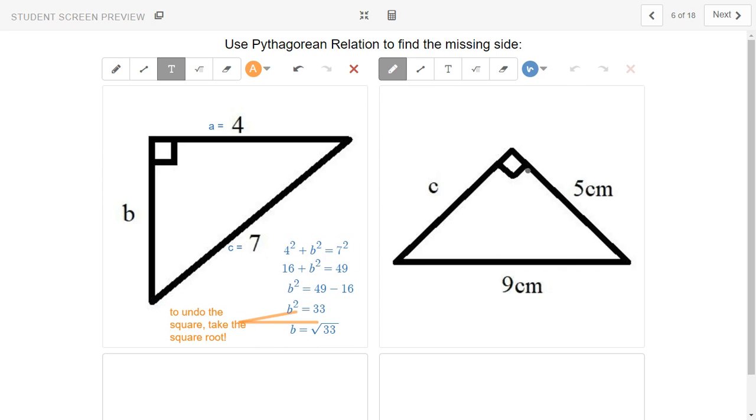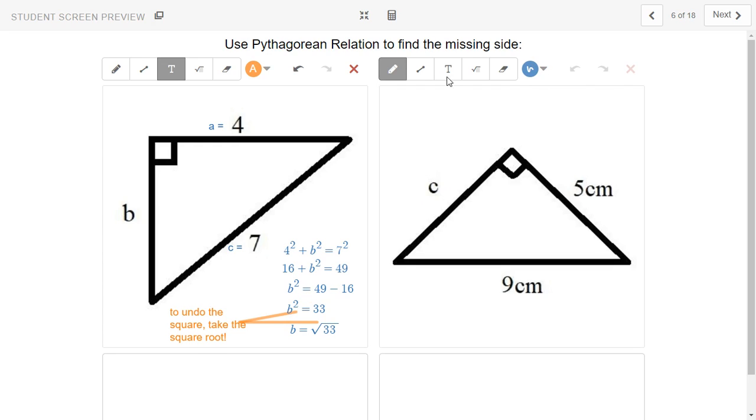Right, our next example, we have a triangle with sides C, 5, and a 9. Now, don't be deceived. Sometimes we have a side labeled C, but it really isn't side C. Because this is touching the 90-degree angle, it doesn't matter what it's labeled as.